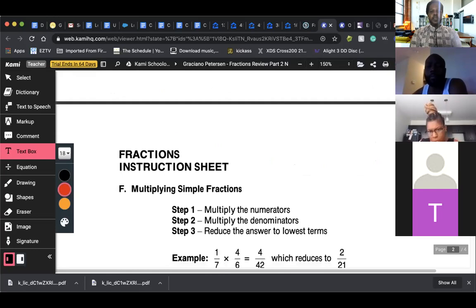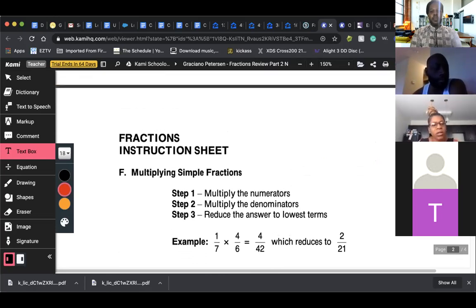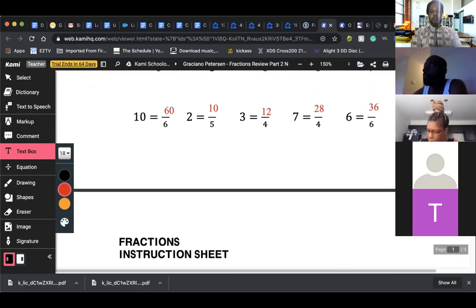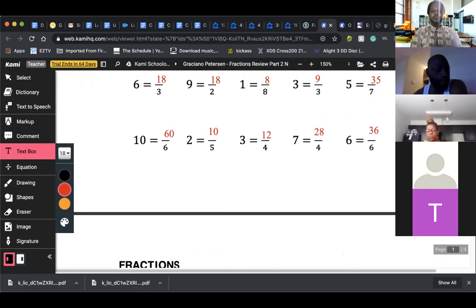Okay, so let's take a look at multiplying. Hello, Mr. G. Okay. I'm not done yet, Mr. G, because every one I do, I have to go straight back in and do everything again. Every answer.